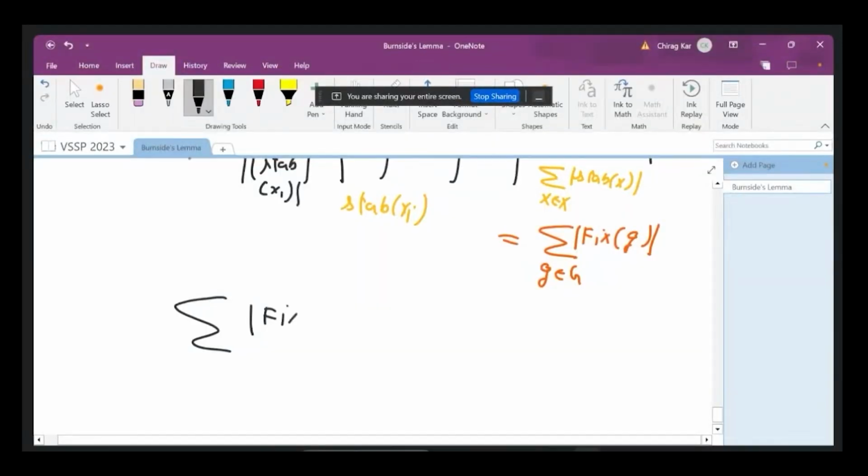All right. Now, with that, what we have shown with this proof till now is that the summation of these cardinalities is equal.